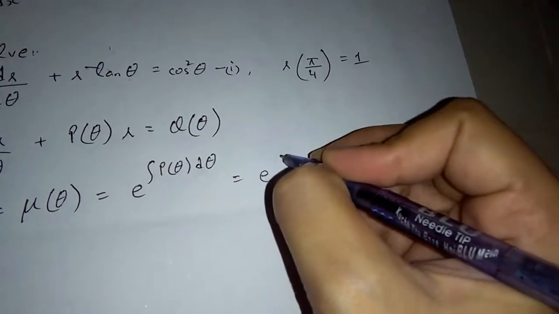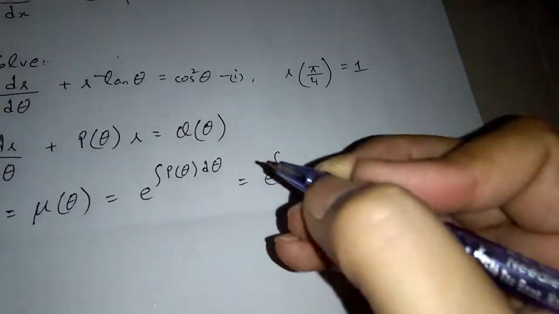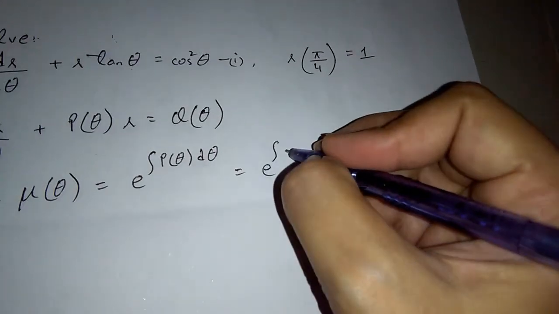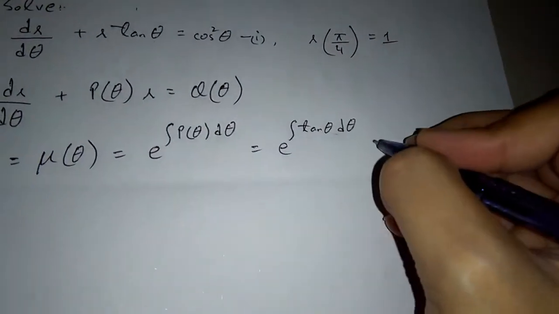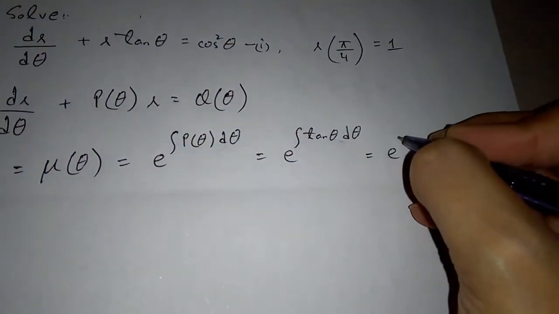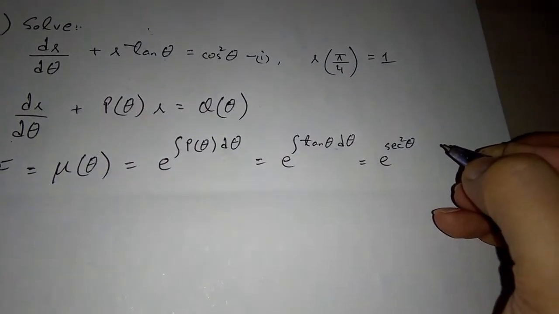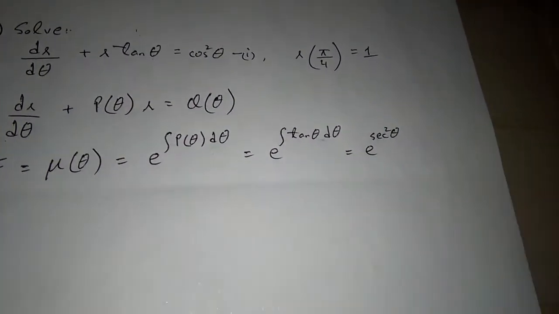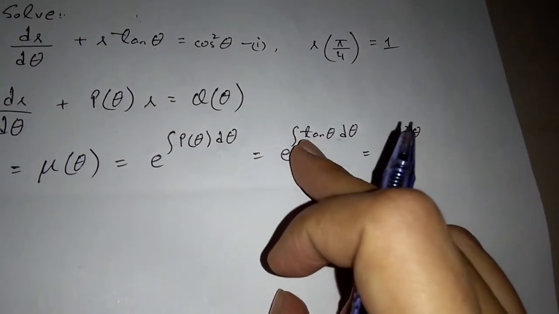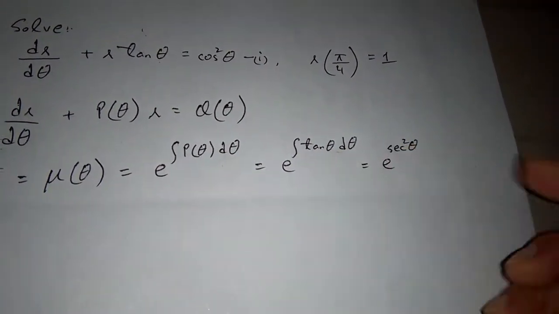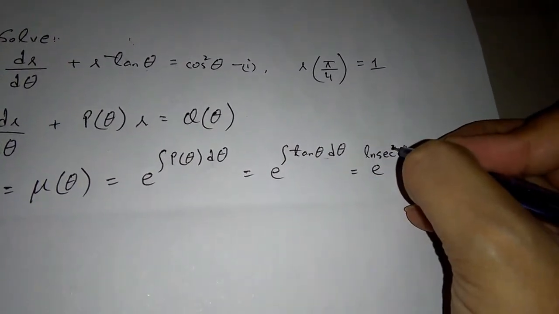It can be obtained as exponential raised to the power of the integral of tangent theta d theta. I'm extremely sorry, I had written the derivative of tangent theta, that's secant squared theta. It's actually the ln of sec theta.